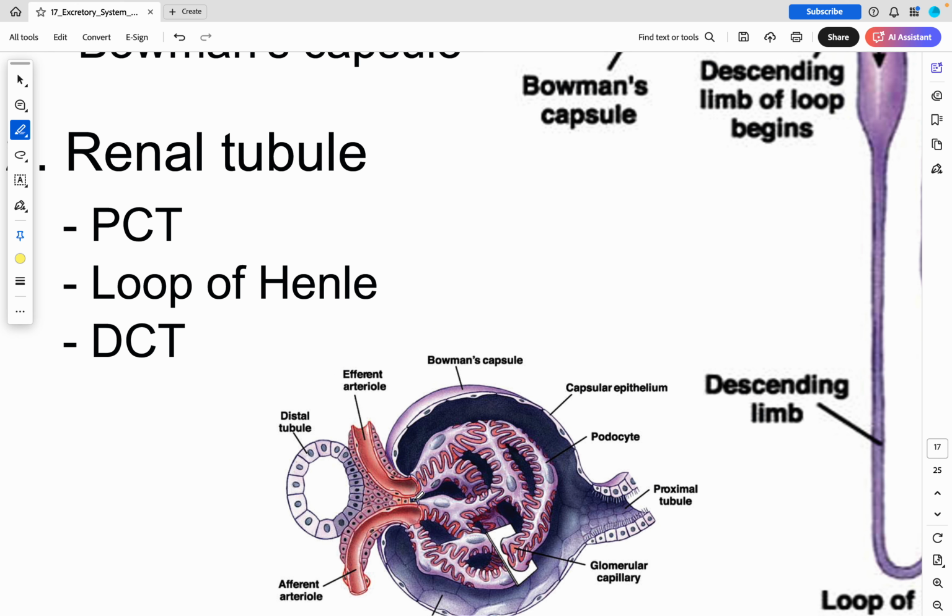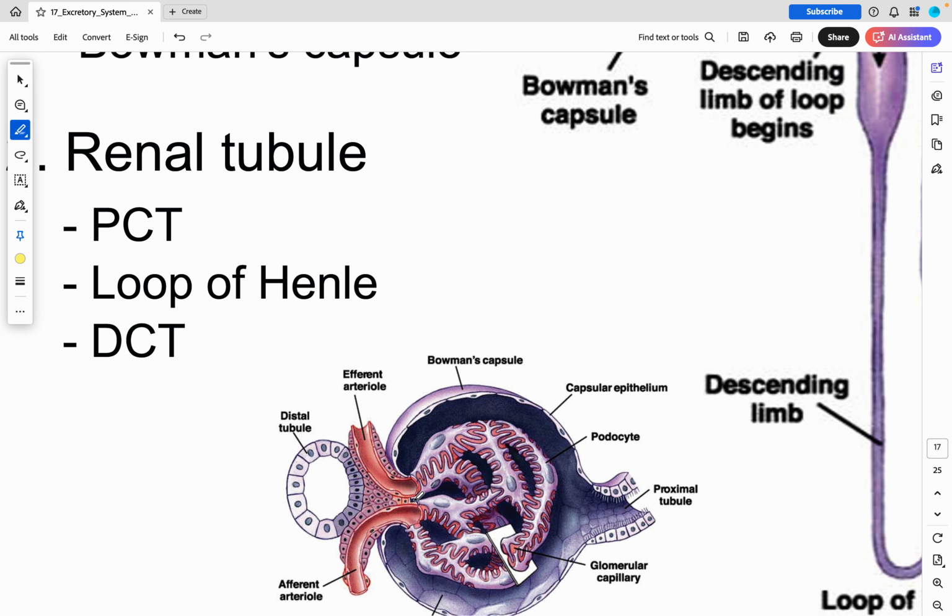Though it's not really evident here, the afferent arteriole is actually larger in diameter compared to the efferent arteriole, allowing for entry of more blood to be filtered by the capsule. And the efferent arteriole has a smaller diameter, increasing the blood pressure within the renal corpuscle.